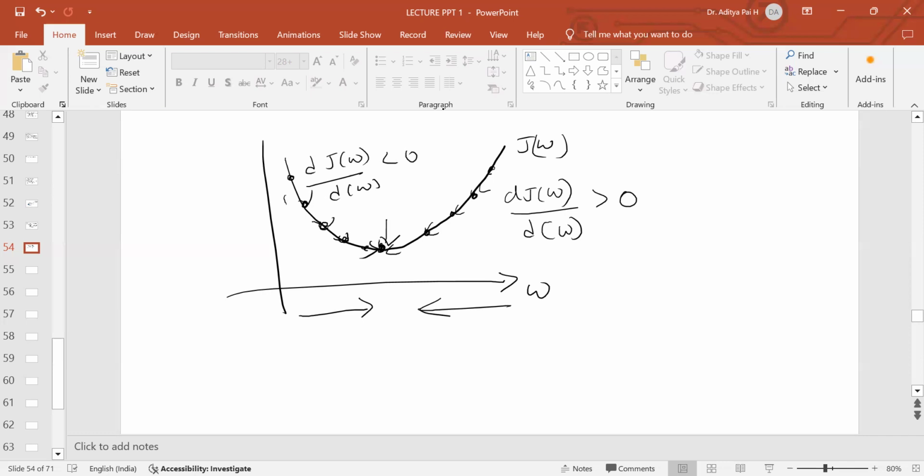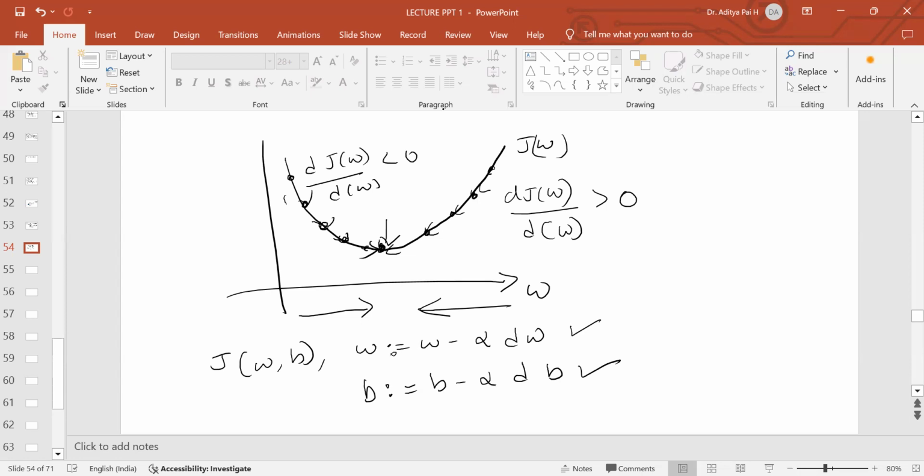So when I'm taking the overall cost, that is J of W comma B, the update is W equals W minus alpha dW, and B equals B minus alpha dB, because we are actually changing both the weights as well as the bias.